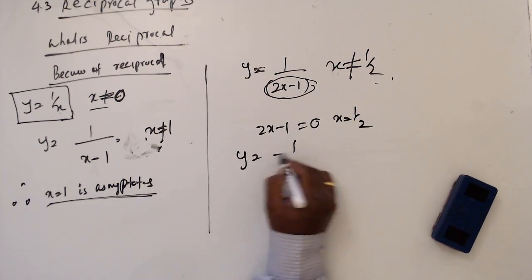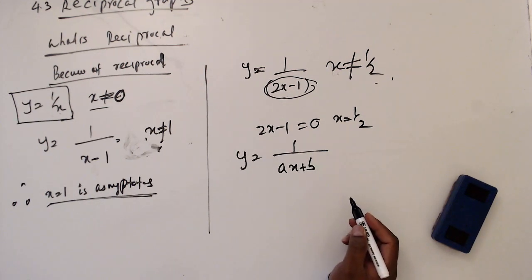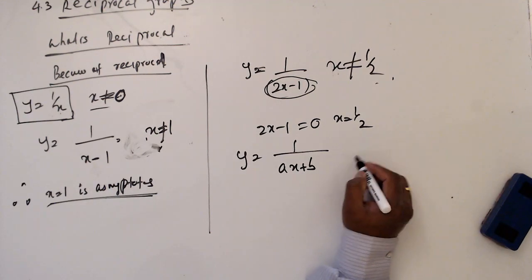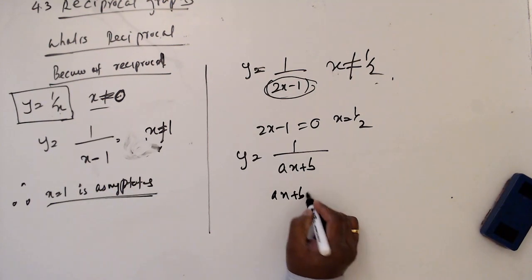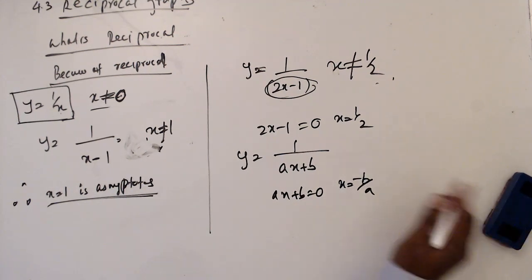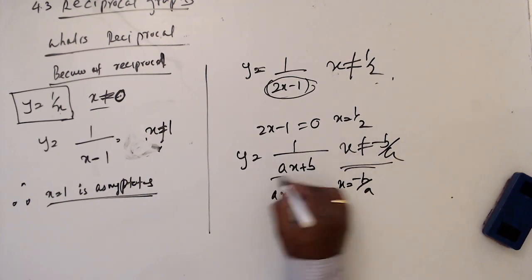Another one, y equal to 1 over ax plus b. What is the asymptote for this one? The simple way is to make ax plus b equal 0, so x equals minus b over a. Then x can't be minus b over a when you write this function.